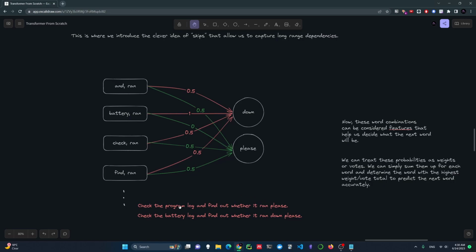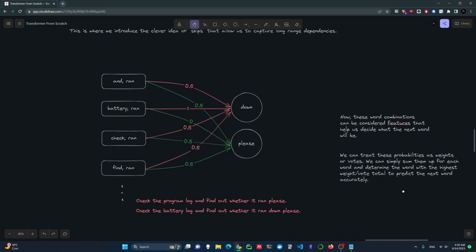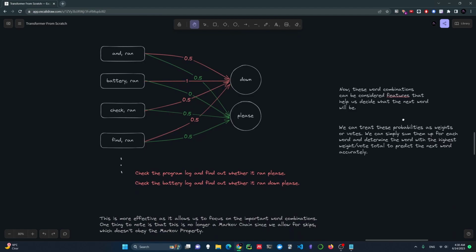So we're skipping around to associate the word ran with more important words, right? That have greater weights. For example, battery and ran, right? Battery has a lot of weight because it determines that the next word has to be down with 100% chance, right? 0% for please, right? So I hope that's clear. And this is more effective than a simple second order sequence model because it allows us to focus on the important word combinations, right?